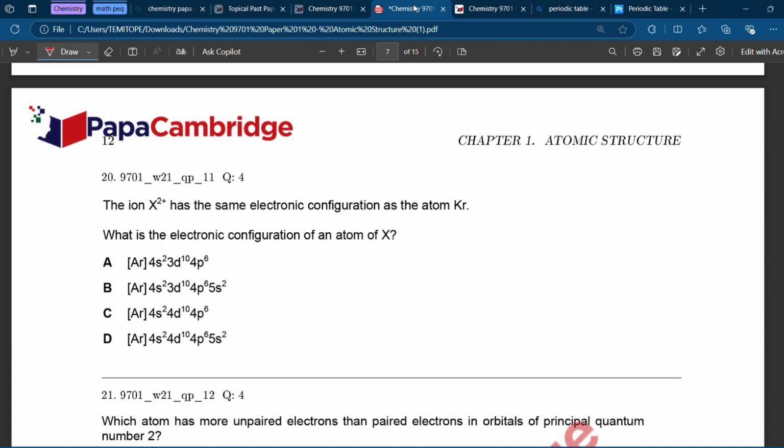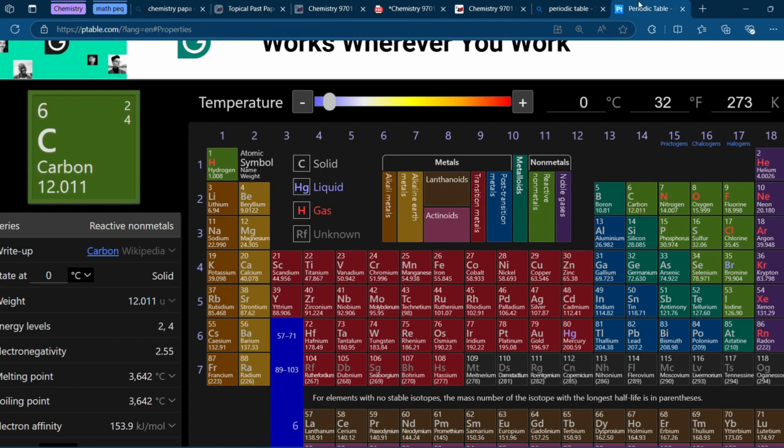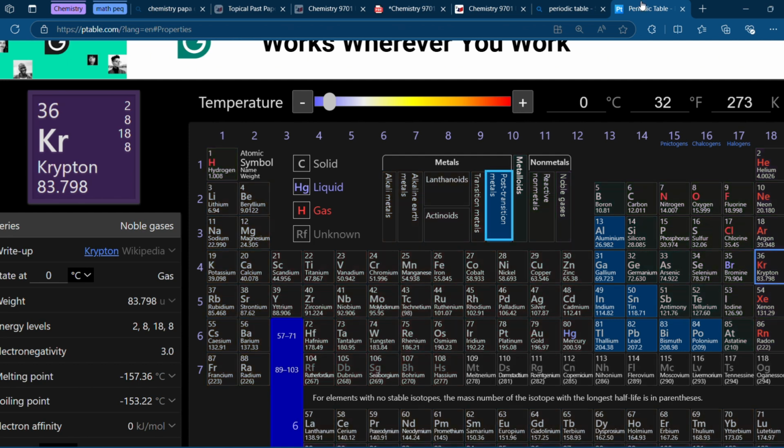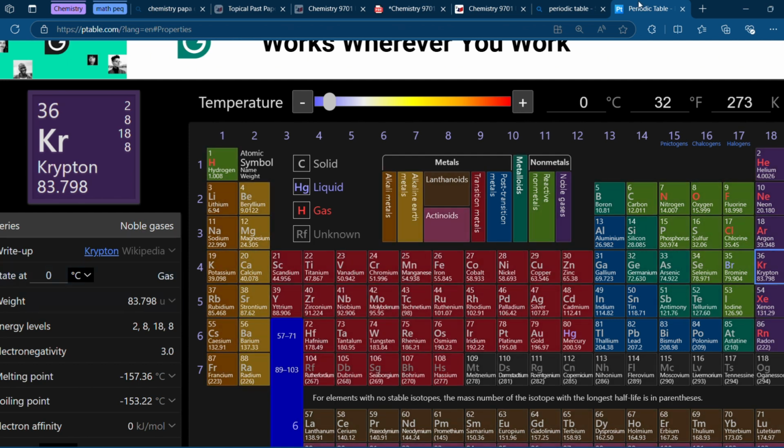I already see my fluorine. They also mentioned gallium. For it to have only one unpaired electron, it's either p5 or just one electron. So in that case, it is fluorine and gallium.